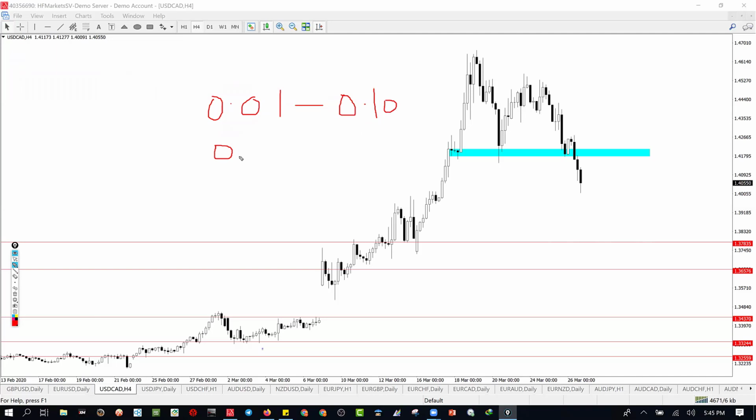And then we have 0.2, 0.3, 0.5, up to one lot. On a standard account, one lot simply means €1,000. This one means €100. And this one means €10.